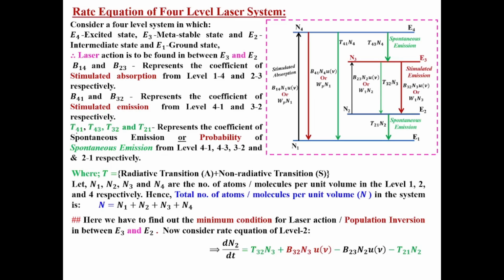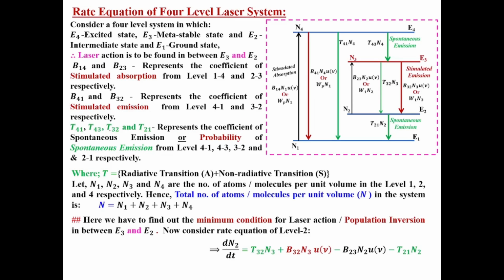Now, A41, A43, A32, A21 represent the coefficient of spontaneous emission, or you can say the probability of spontaneous emission. This coefficient can also be written as the probability of stimulated emission, and likewise the probability of stimulated absorption.